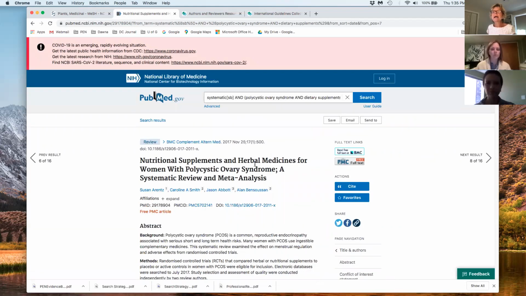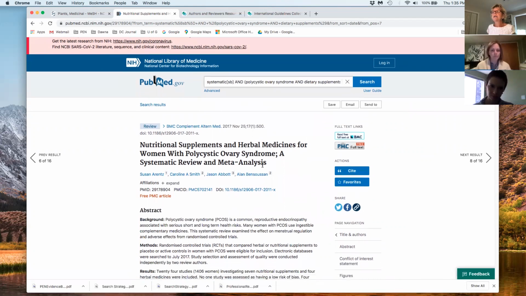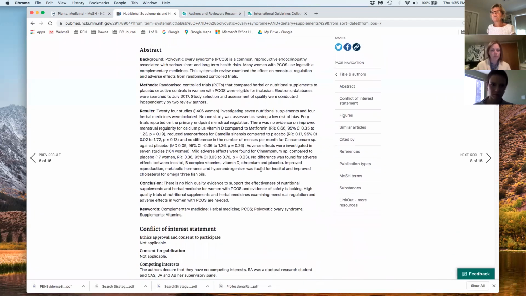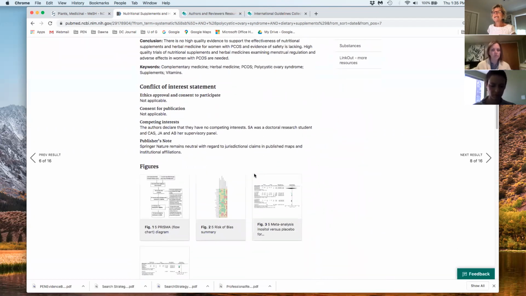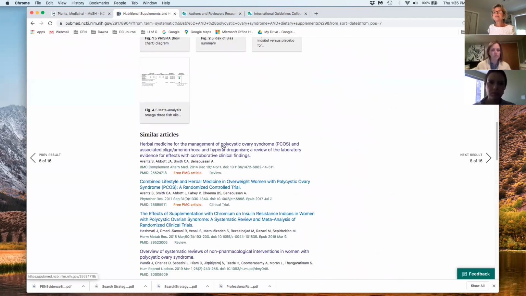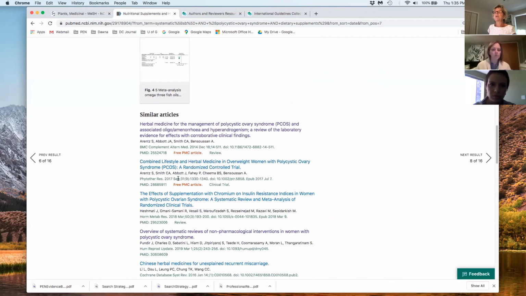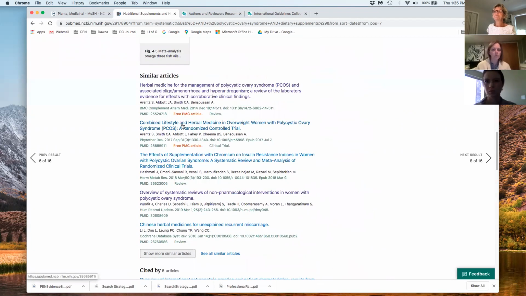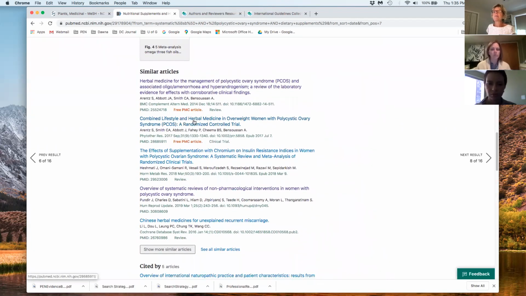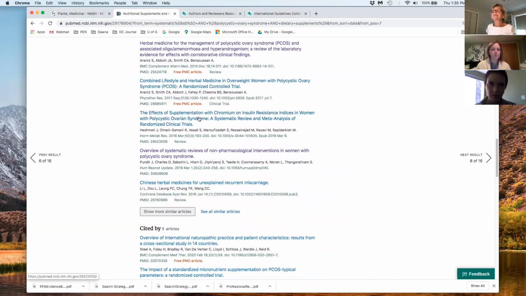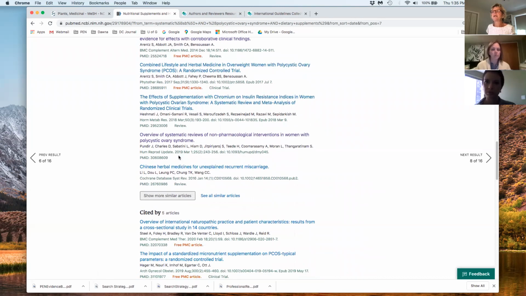If we look at that particular article and scroll down, we can see what other similar articles there might be. Here's an older one from 2014. Here's one that is a primary study, a randomized trial, and then another systematic review on a specific nutrient.